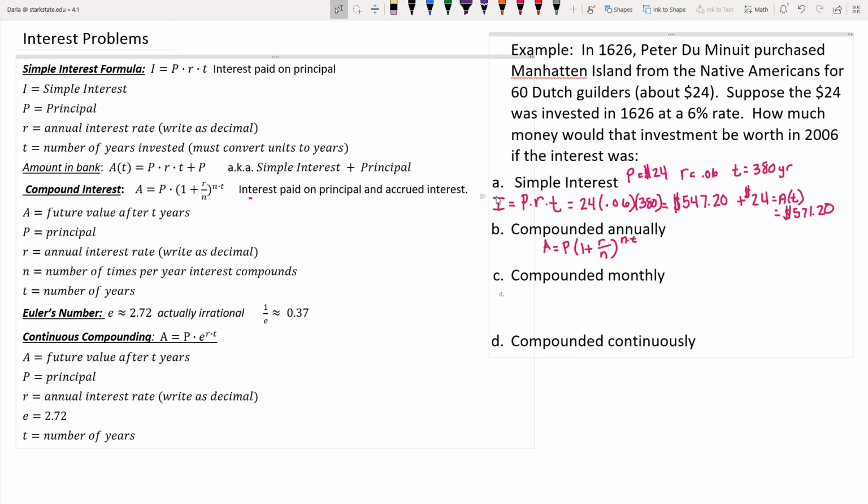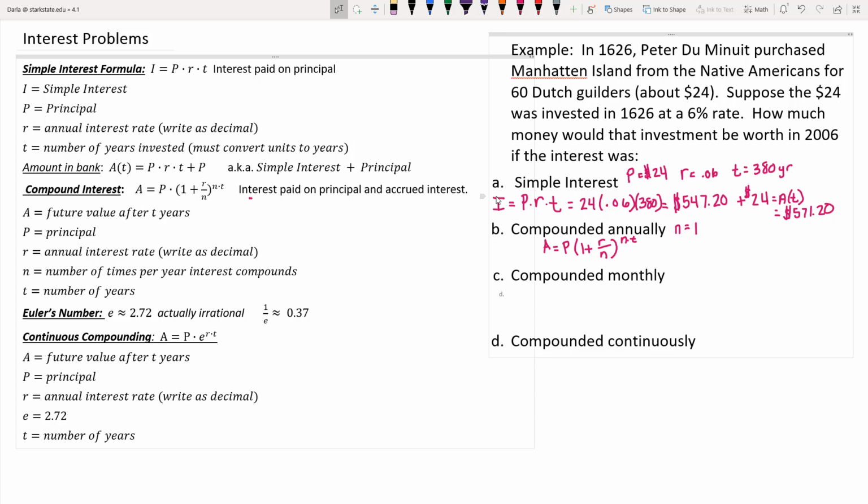So there's one additional variable here, which is our n, the number of times we compound in a year. We're only compounding annually, so that means we're compounding one time in the year, so n is 1.